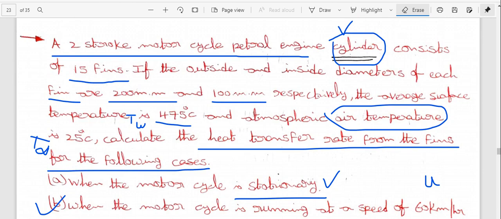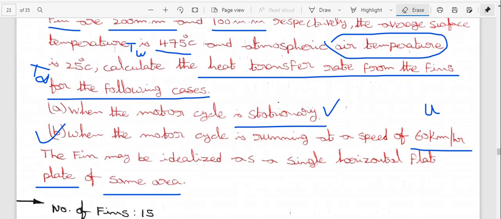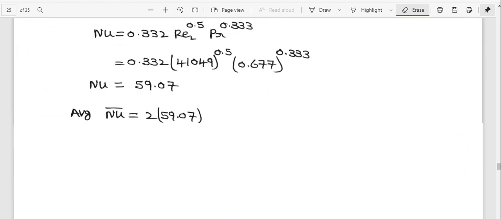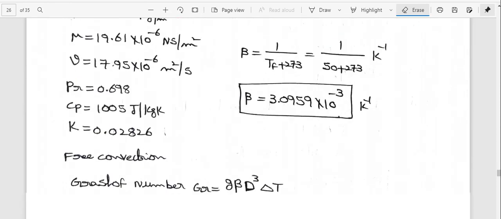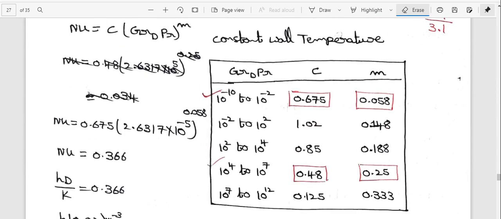The petrol engine cylinder consists of 15 fins. This is the cylindrical object, but we want to calculate horizontal flat plate values. That's why I am considering free convection and forced convection as flat plates. So this is the combined cylinder and flat plate condition.